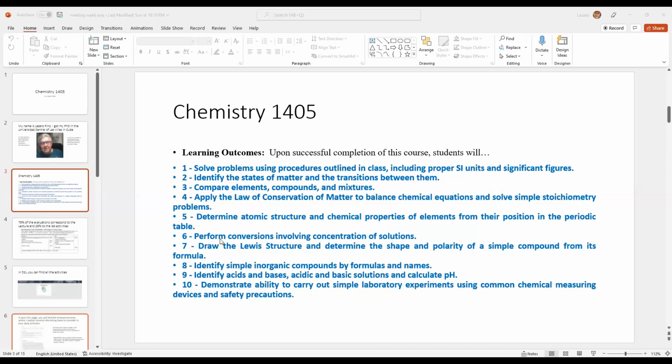You're going to perform conversions involving concentration of solutions, Lewis structures, and determine the shape and polarity of a simple compound. And so many things, including some laboratory experiments.